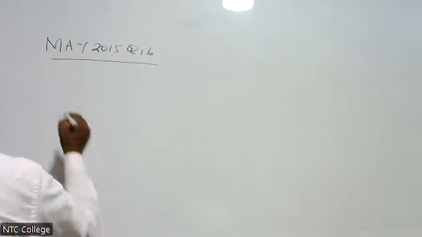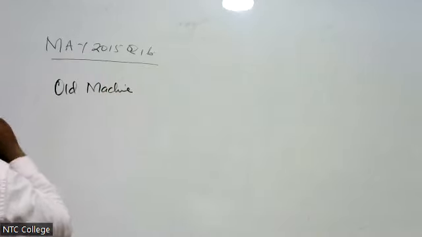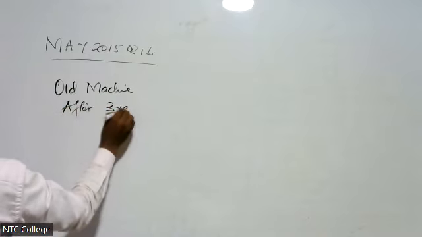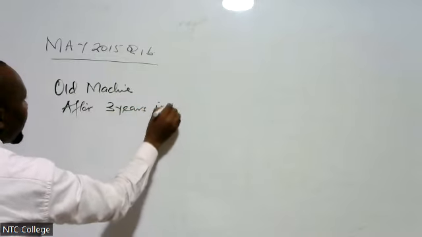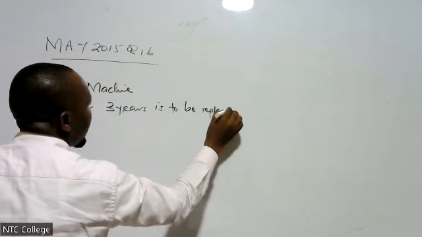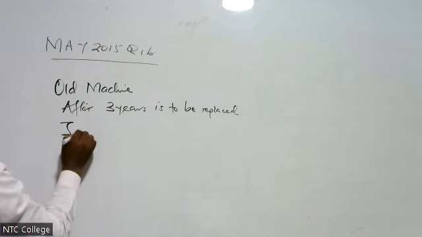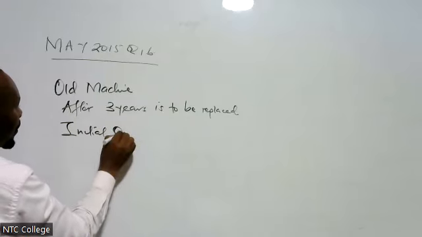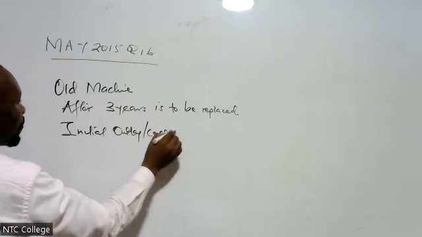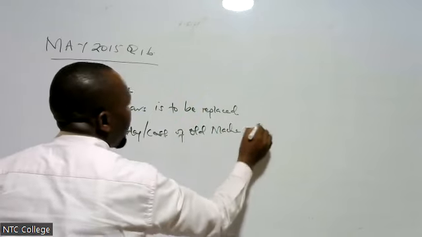So the old machine, right now, after 3 years, is to be replaced. Another piece of information that we know is the initial outlay, or cost, of the old machine, which is 50 million.